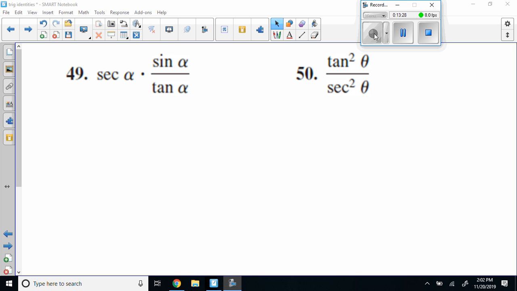Secant. Can I do anything with secant? Yeah, I probably have to do something with secant, don't I? Probably so. 1 over cosine. So I'm going to rewrite 1 over cosine x times, let's see. That's sine x, right?